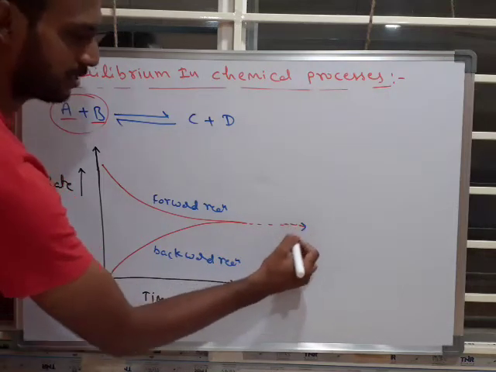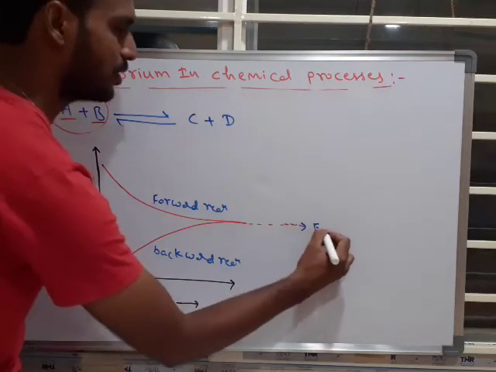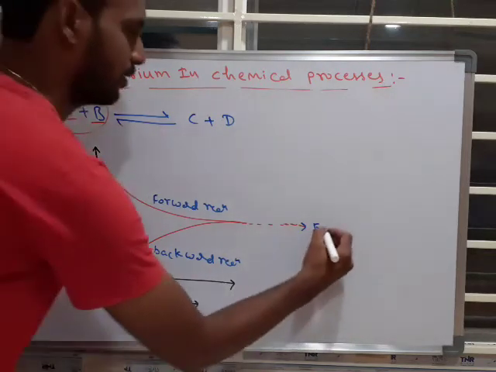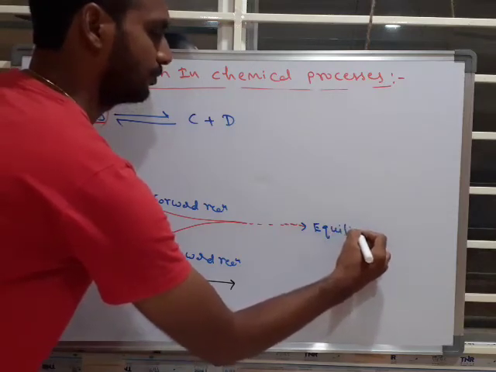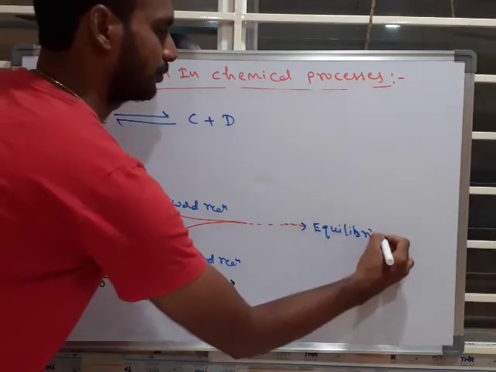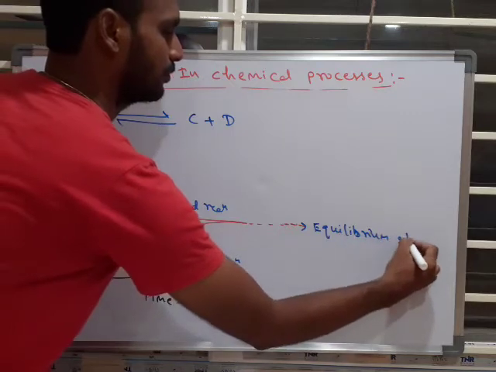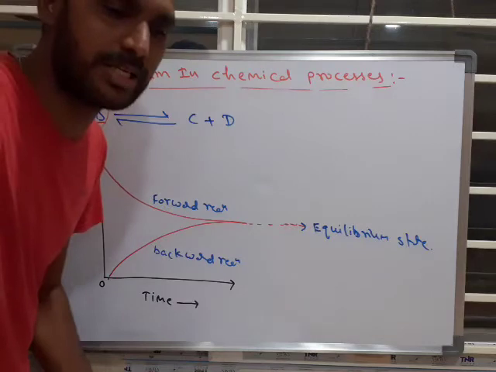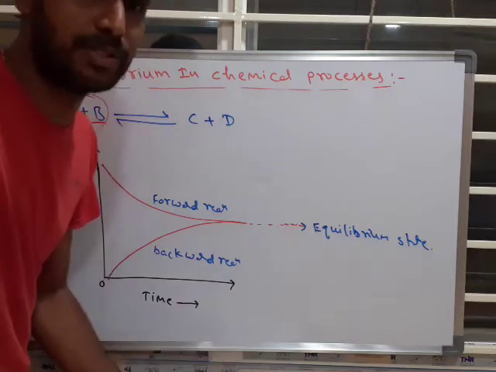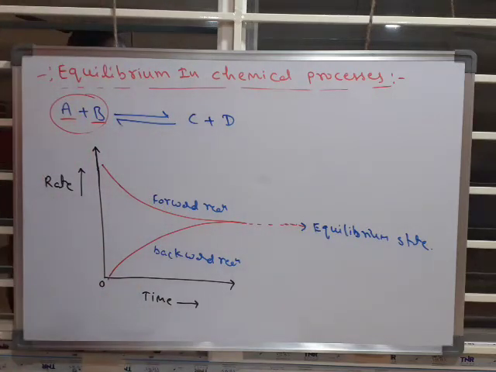So this point indicates the equilibrium point. It is the equilibrium state. So this graph also explains equilibrium in terms of rate versus time.